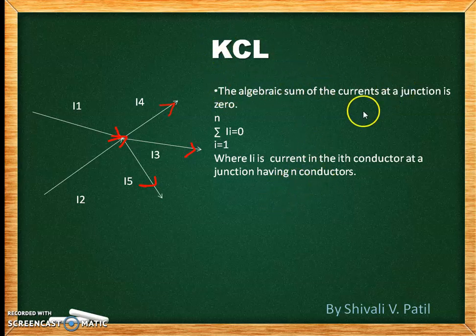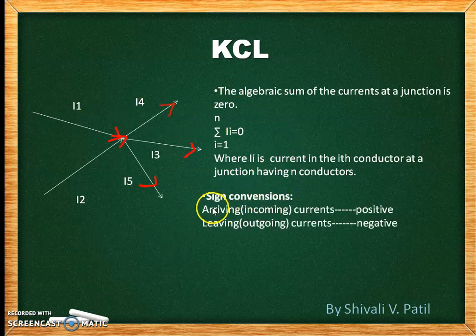The statement contains the word algebraic sum. What is meant by algebraic sum? There must be some sign conventions related to these currents. Arriving currents, or we can say incoming currents, we consider as positive, and for leaving or outgoing currents we consider the negative sign.